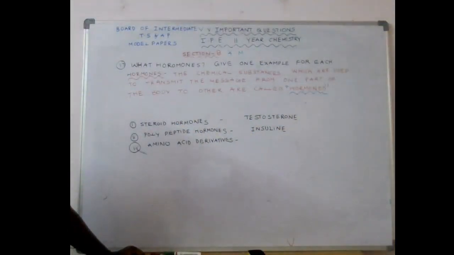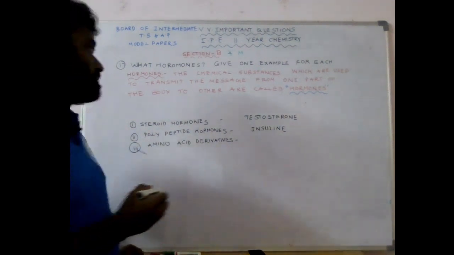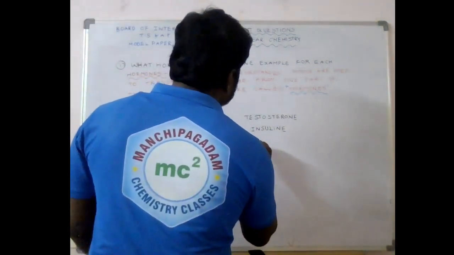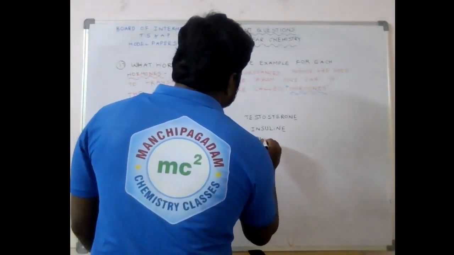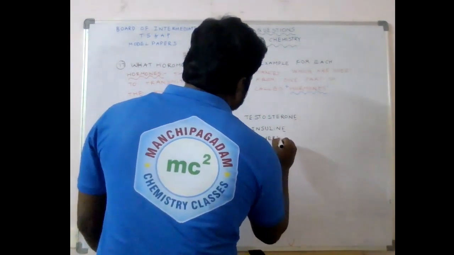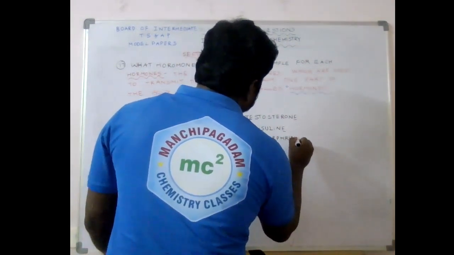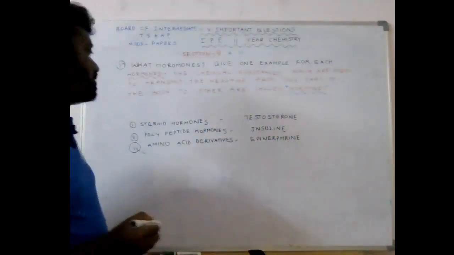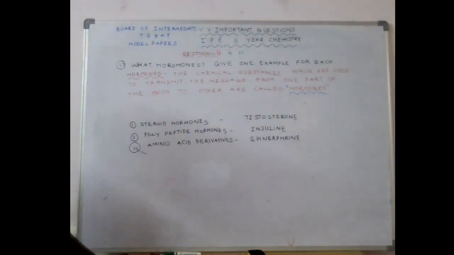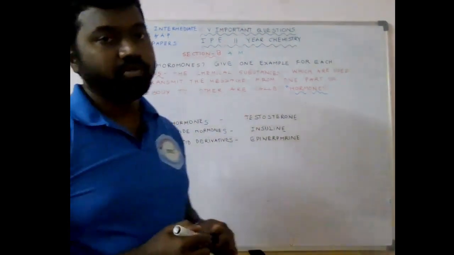And finally, for amino acid derivatives, any one you can write, epinephrine. So this is the example for amino acid derivative. Testosterone, insulin, epinephrine. That's it. Very simple.